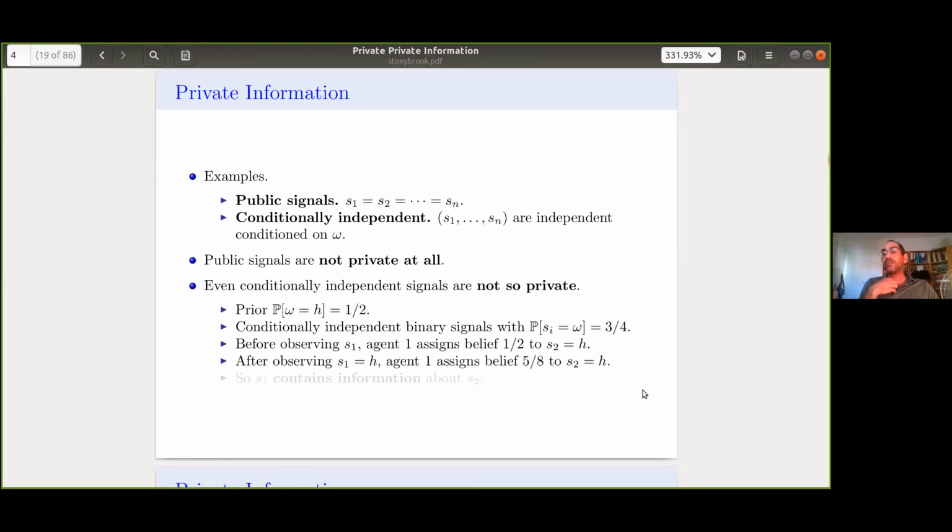But after I observe my own signal being high, now I revise my belief about the other agent. So now I assign higher probability to the other agent having a high signal. So in fact, S1 contains information about S2. So these signals are not completely private. They contain information about each other. So there's not really privacy here.